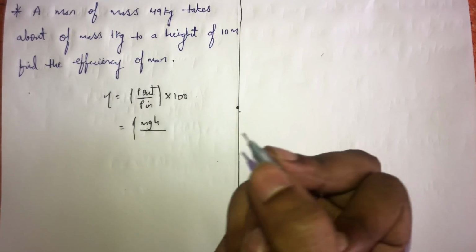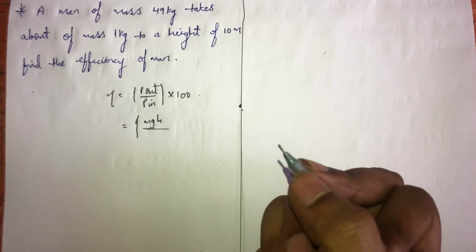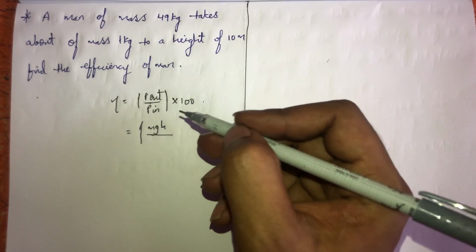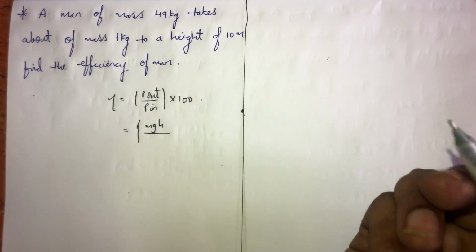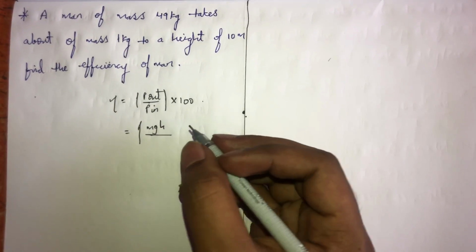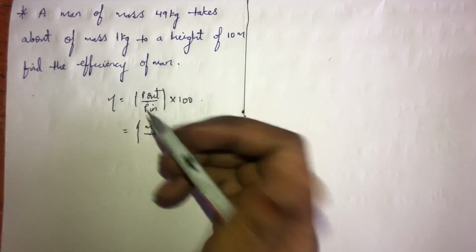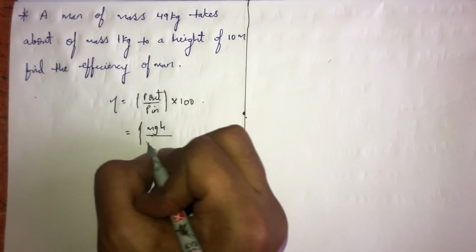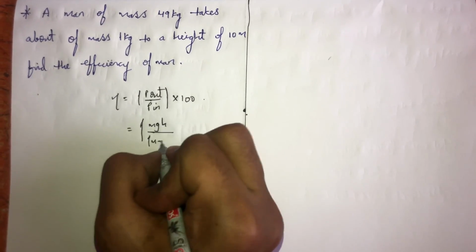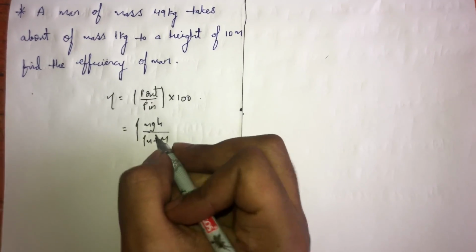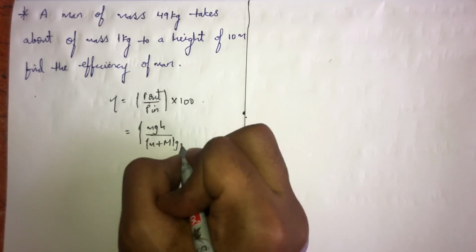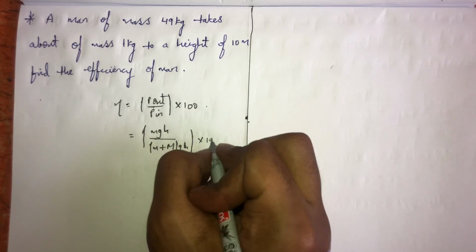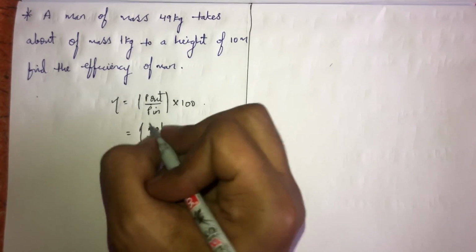where power is equal to work done per unit time. As we are taking P output by P input, the value of t will get cancelled. Next, P input. P input means we need to take the mass of the block along with the mass of the man. So it is (M plus m) gh into 100. The value of g and h also will get cancelled.